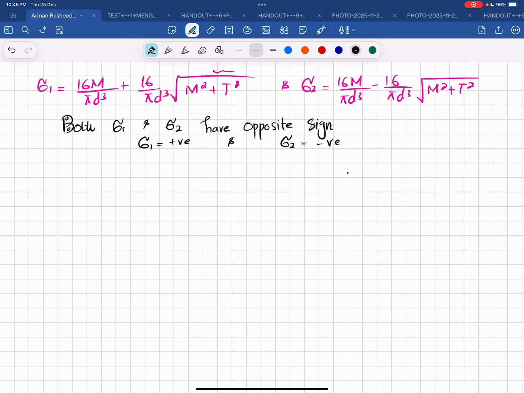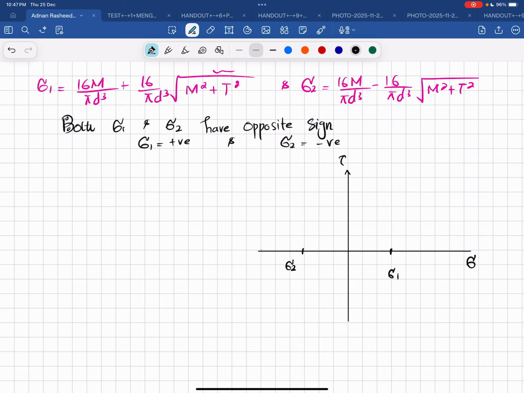If I plot them on the axis for Mohr circle, the x-axis will have normal stress and on the y-axis we have shear stress. So let's say this is your sigma 1 and this is your sigma 2.